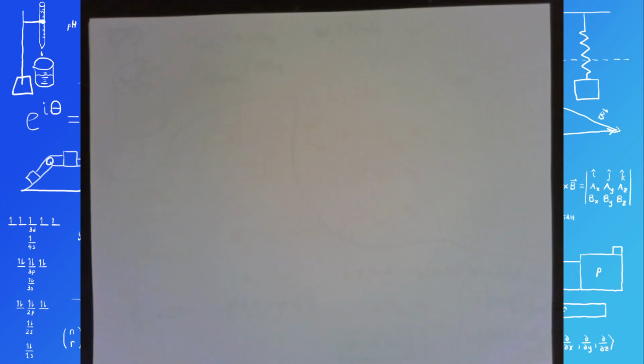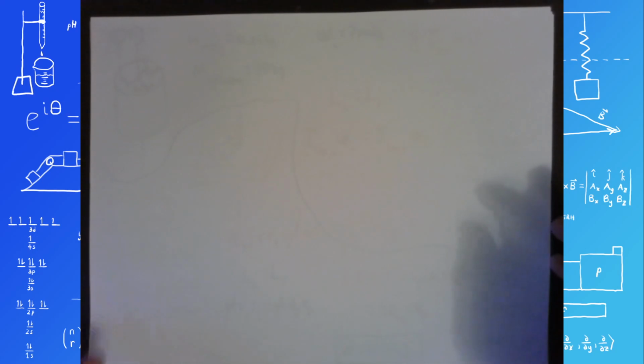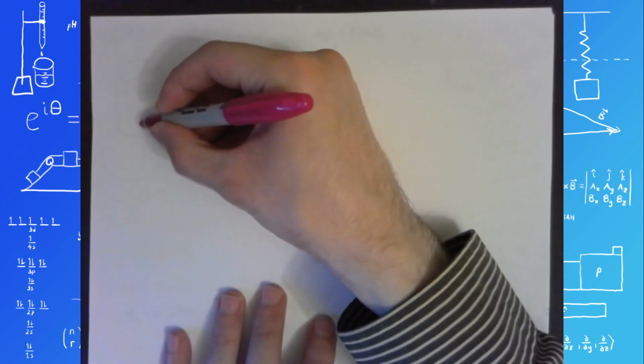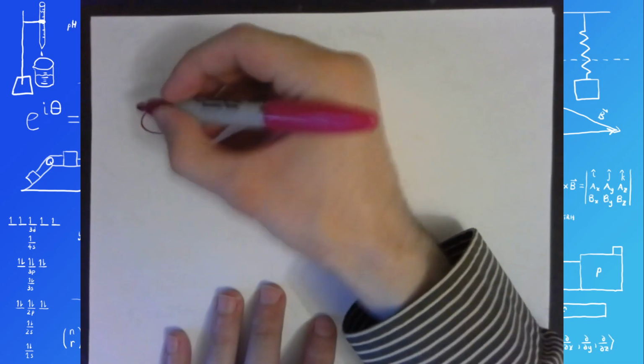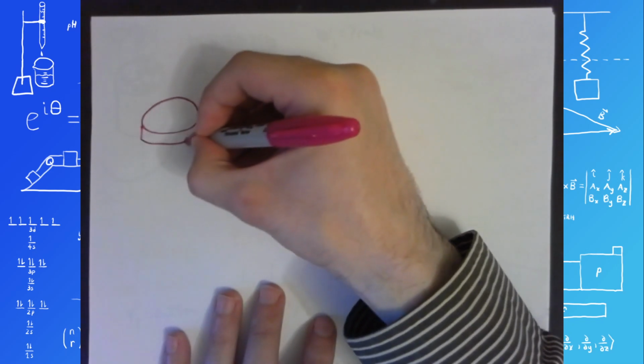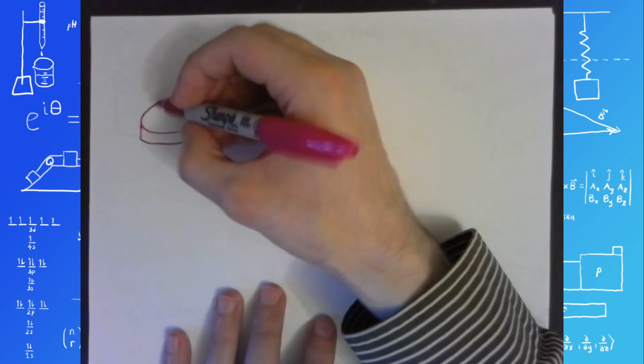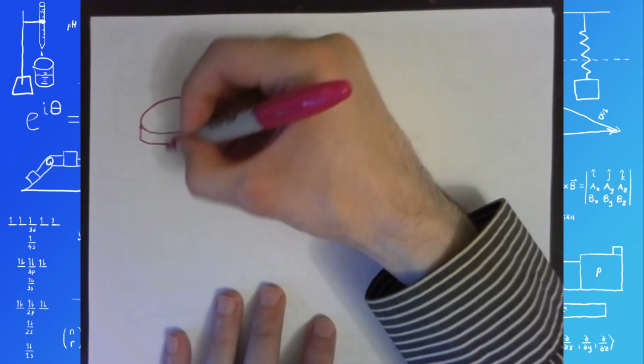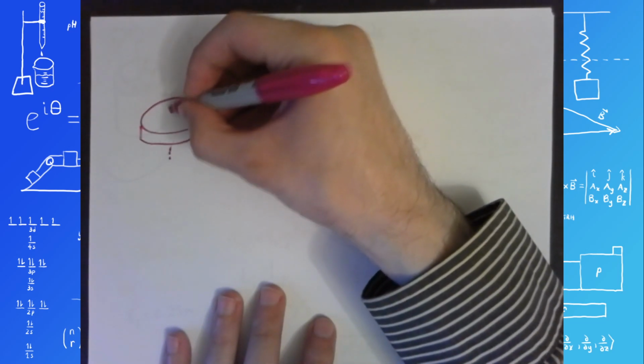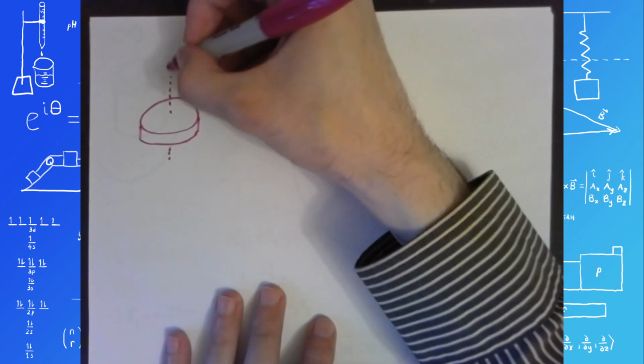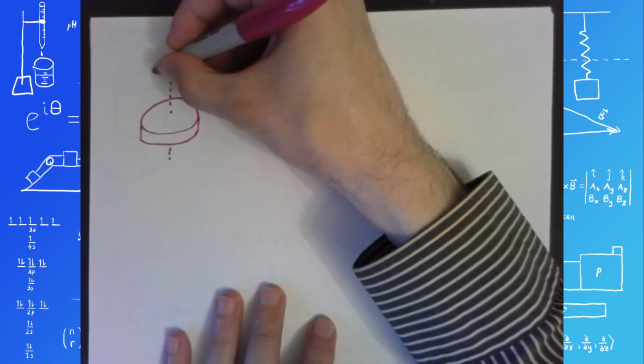All right, so we have a disk with moment of inertia I1. And another disk gets dropped onto it.